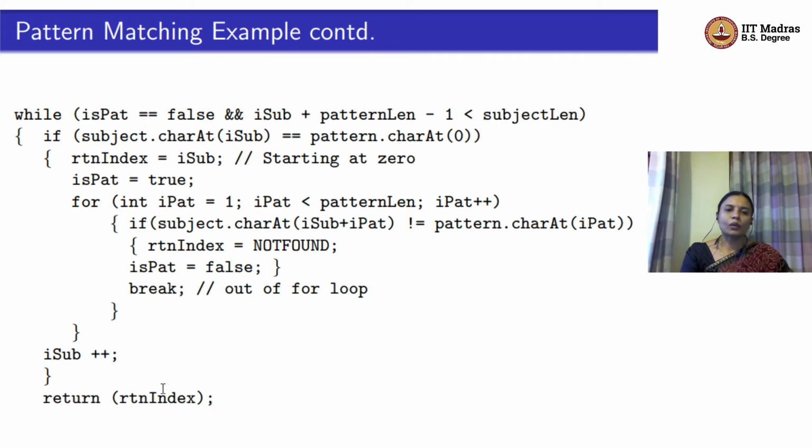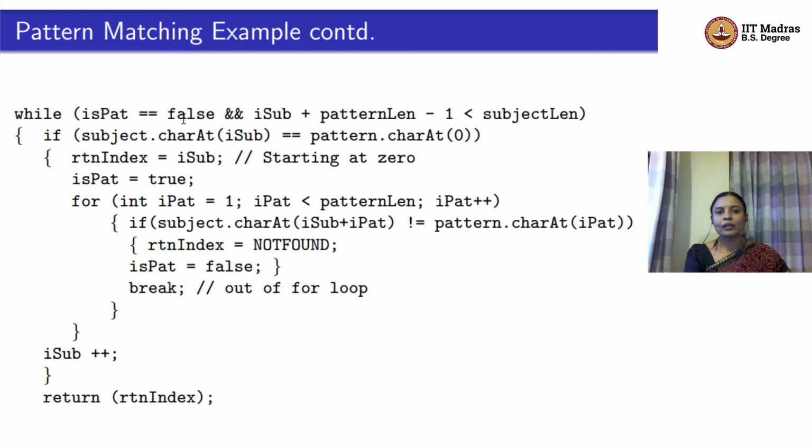So this is a while loop. It says while the pattern found is set to false, and the index over the subject plus the length of the pattern minus 1 is less than the length of the subject. That is, I start with the first placeholder in the subject, and I shift one at a time, and I keep track of the shift with this variable iSub.